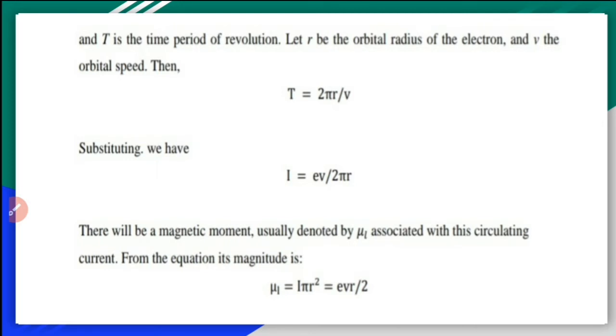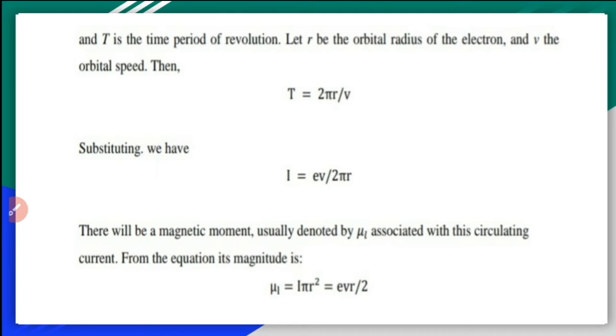That means perimeter by speed. Now substitute this T in the expression for I, so I is equal to e v divided by 2 pi r. That is the expression for current. And this is to be multiplied with the area of that current loop, that is the area bound by that orbit.